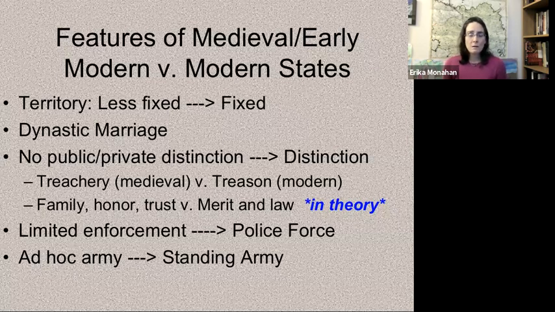Now we all, in the modern world, think of the territory as defining the state. There's fixed boundaries. If they move, it's because of some major event, a war or some treaty or annexation or something, but we associate states with territory.